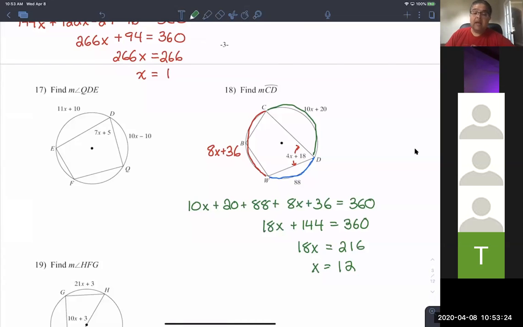Now, x is 12, so what does that make CD? 140. X is 12, oh, not, sorry. 18. Sorry. My brain isn't working this morning. No coffee. Sorry.